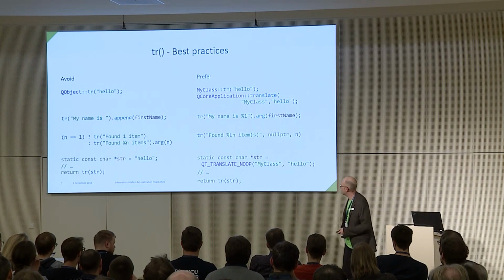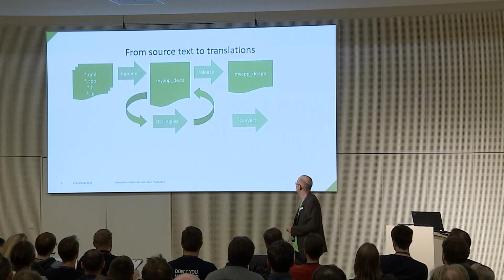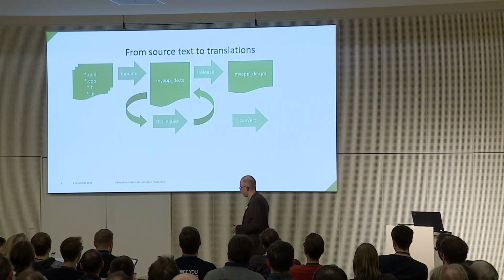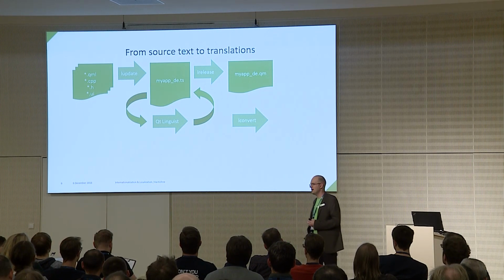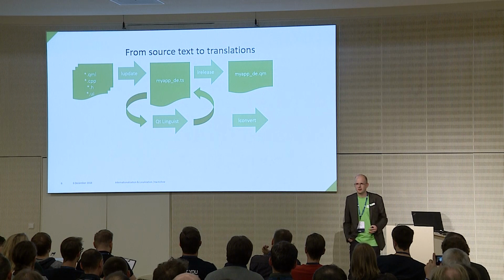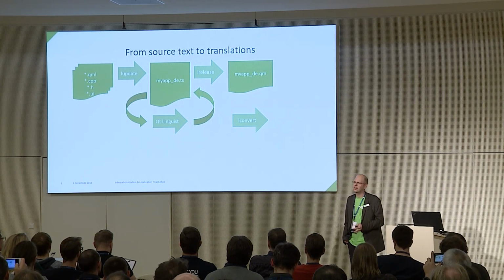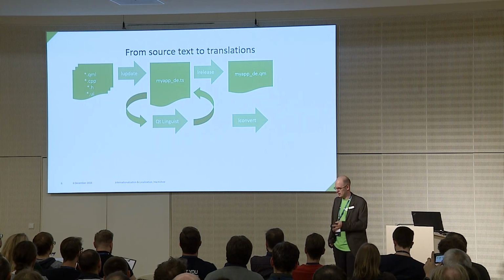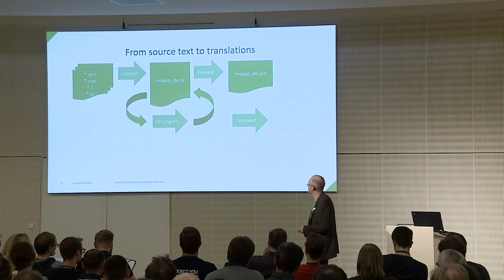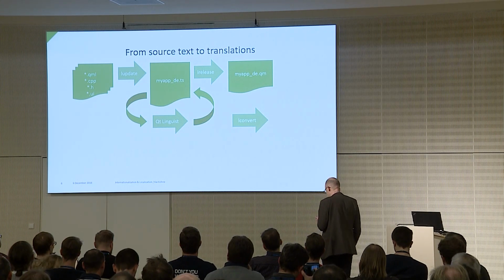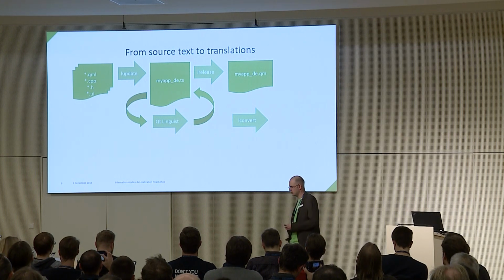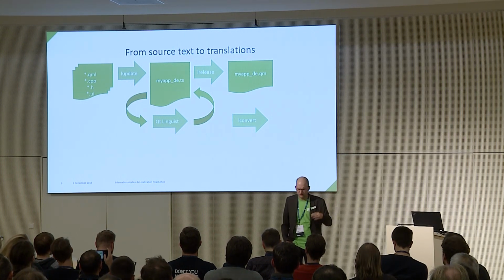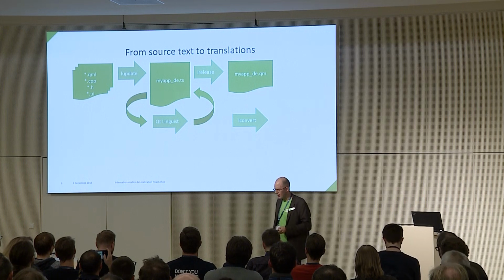So what about lupdate? To understand that, we have to look a bit at the toolchain, because tr is not only a function, it's also a marker, together with Qt core application translate and Qt translate no-op and so on. What it does, it marks strings for translation, because the translator doesn't want to read your source code, right, and look into UI files and whatnot.